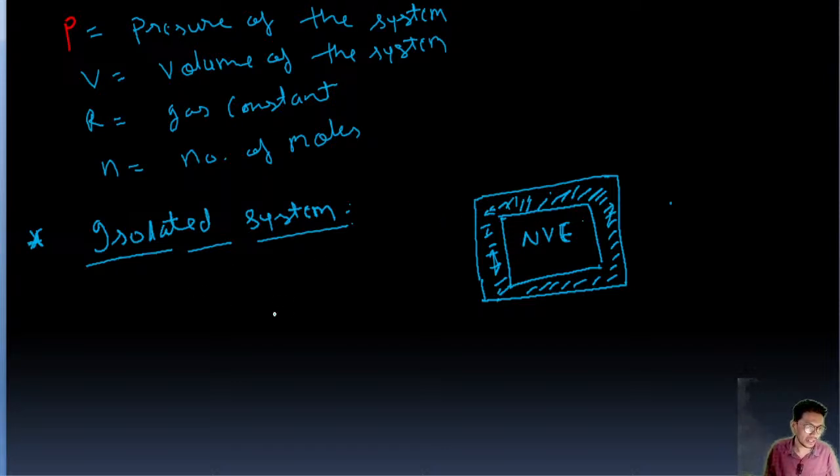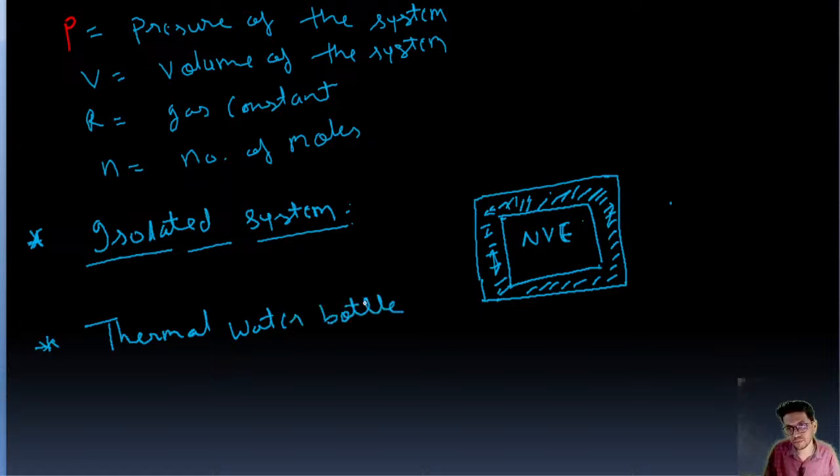For example, a thermal water bottle. In a thermal water bottle, you can see there are rigid walls, so there is no heat transfer between system and surrounding.